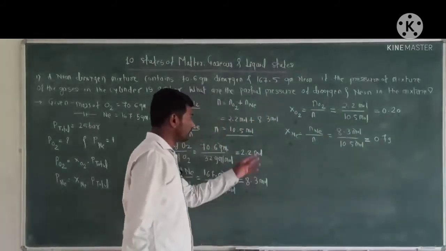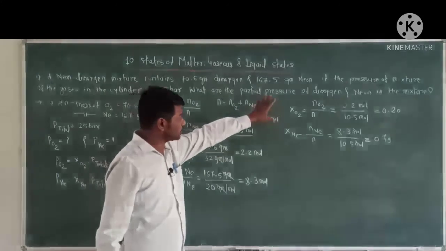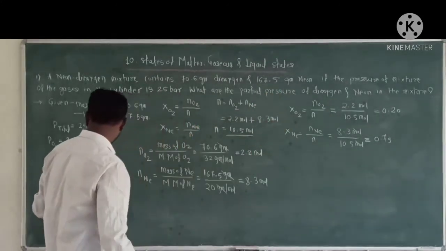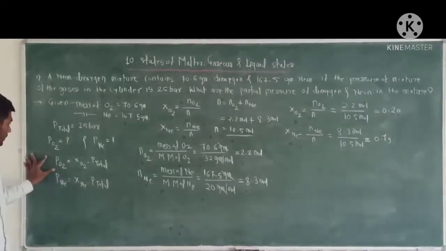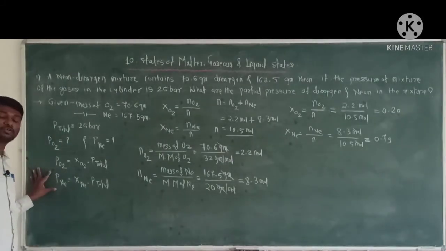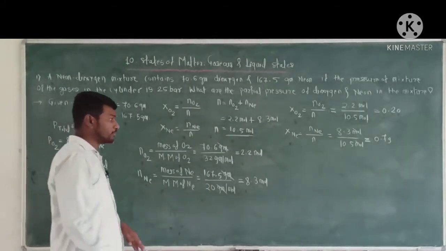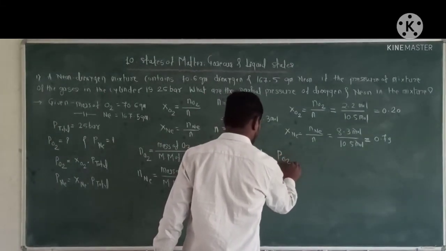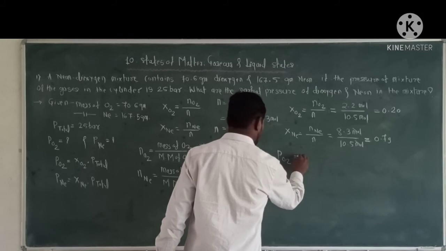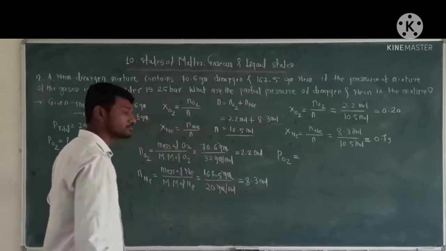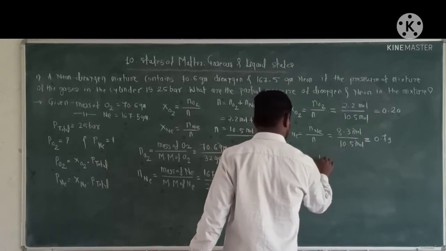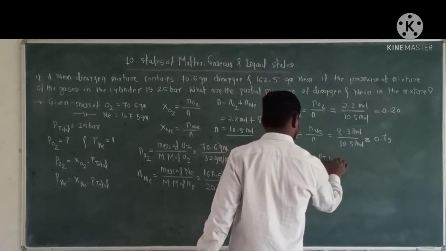Okay, now from the mole fraction of dioxygen and mole fraction of neon, calculate the partial pressure of dioxygen and partial pressure of neon. Now the partial pressure of dioxygen is given by the equation: mole fraction of dioxygen into P total.